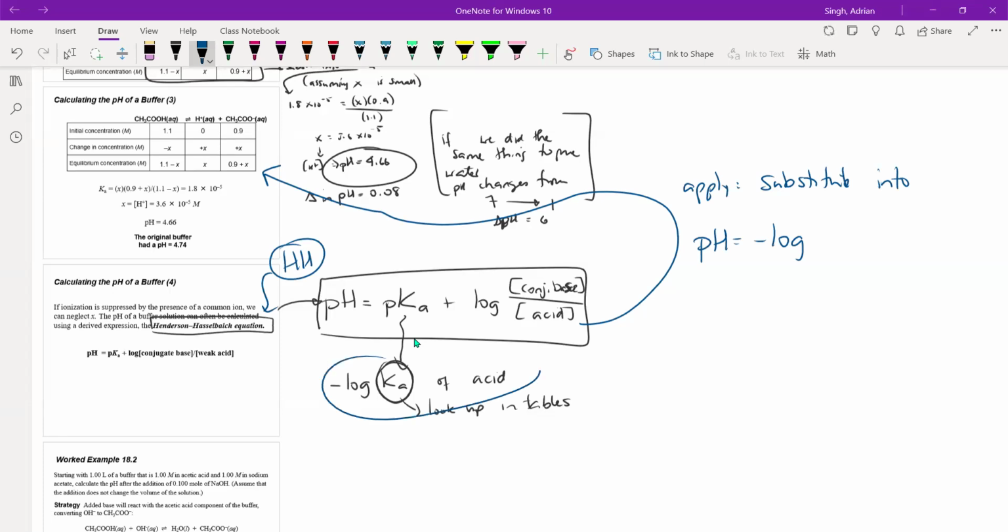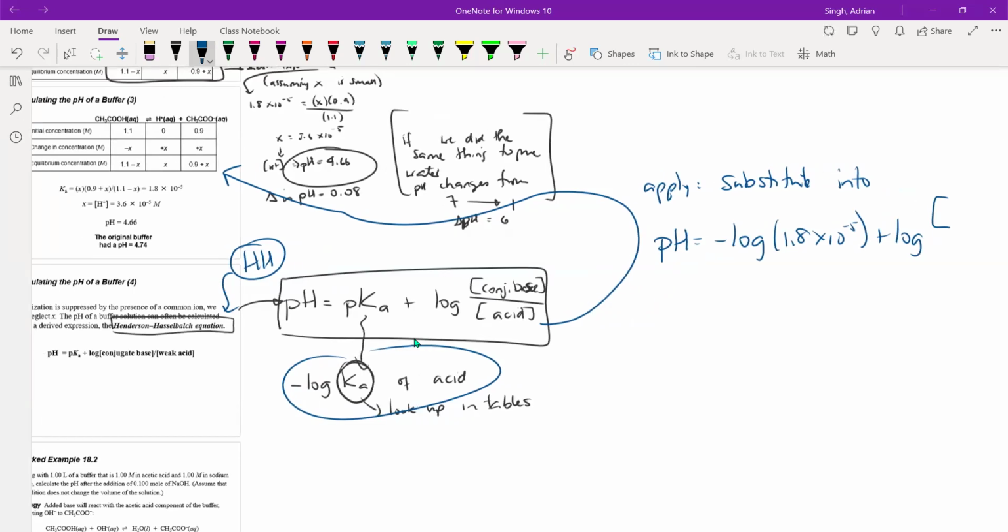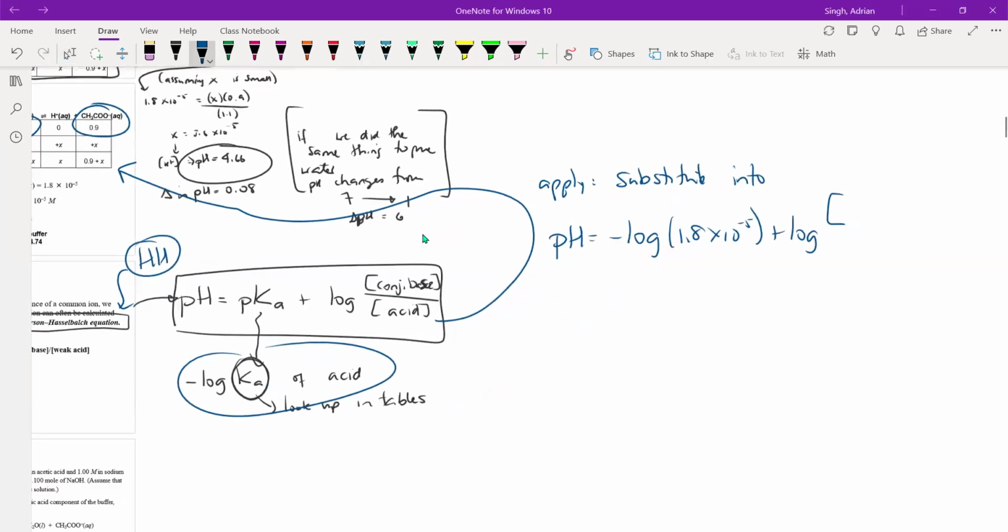The Ka for acetic acid is 1.8 times 10 to the minus 5, plus the log of the concentration of the conjugate base, which here was 0.9 molar, and then the concentration of the acid was 1.1 molar.